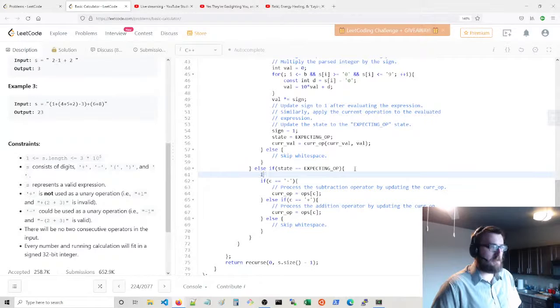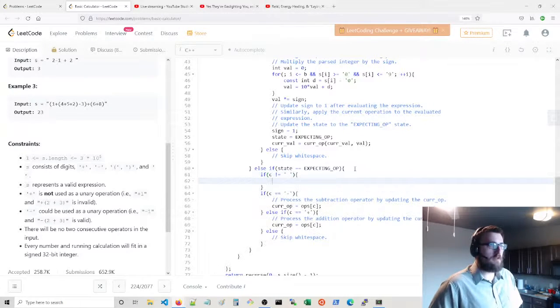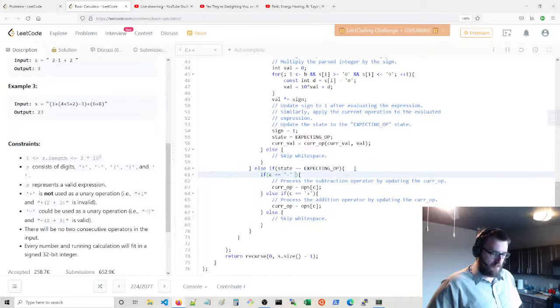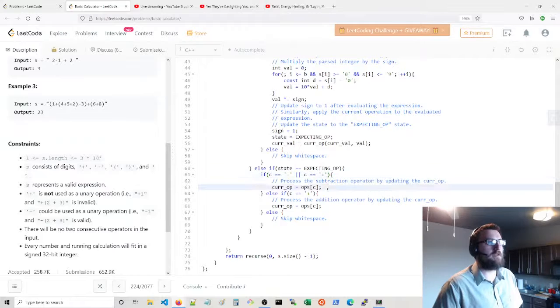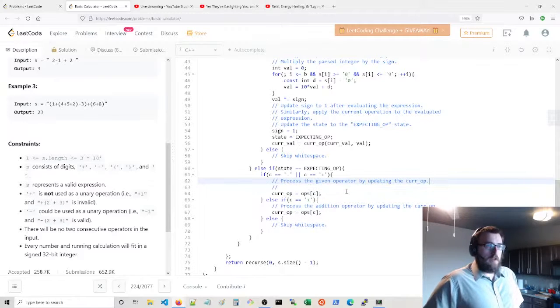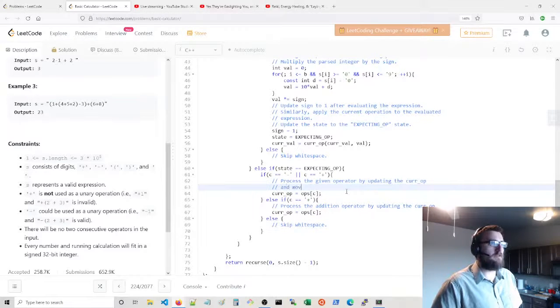If it's not white space, so if C is not equal to white space, or better yet, we could just say if C is either the addition operator, process the given operator, and move to the expecting num state.